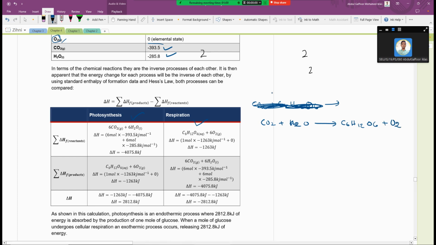So this is basically photosynthesis. Now these are products and these are reactants.